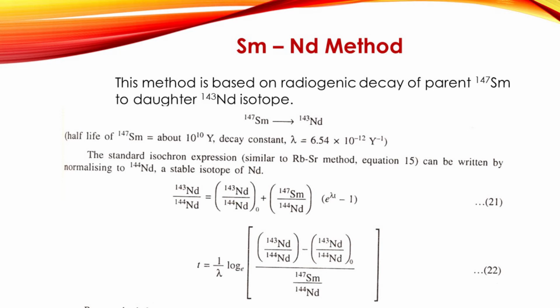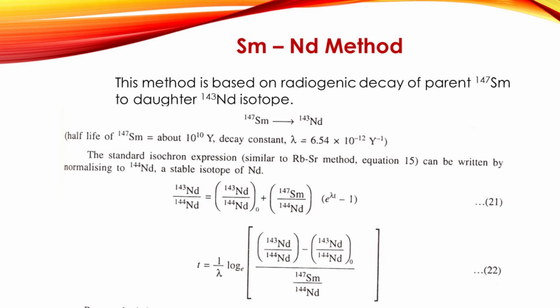Now we'll talk about another method which is known as the samarium-neodymium method. This method again is based on the radiogenic decay of parent isotope samarium-147 to daughter isotope neodymium-143. The decay equation is samarium-147 decays to neodymium-143 isotope.